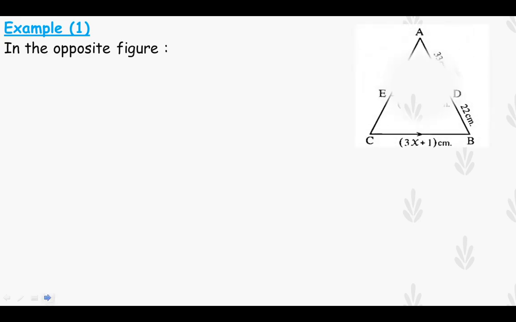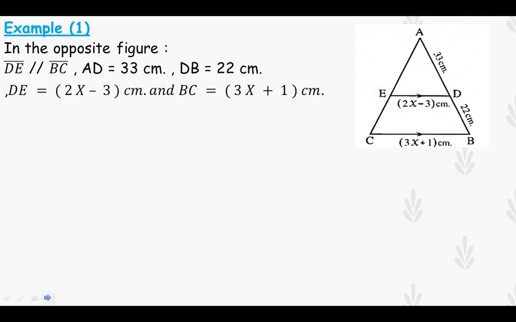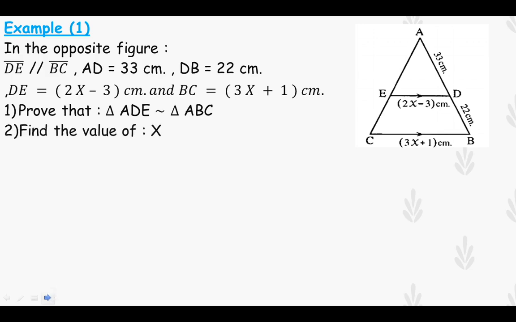In the opposite figure, here DE is parallel to BC, AD equals 33, DB equals 22 centimeters, DE equals 2x minus 3, and BC equals 3x plus 1 centimeters. Prove that triangle ADE is similar to triangle ABC, and we want to find also the value of x.